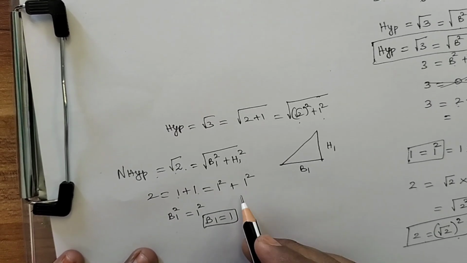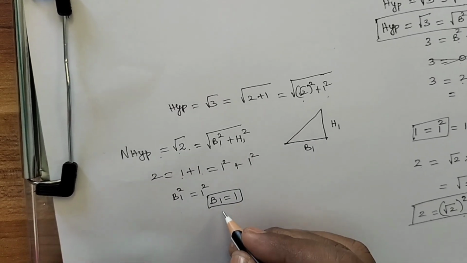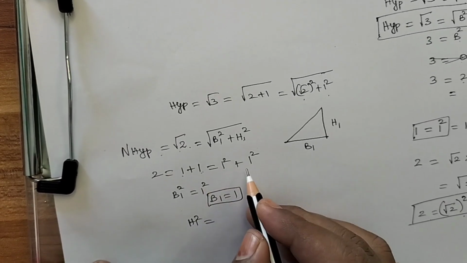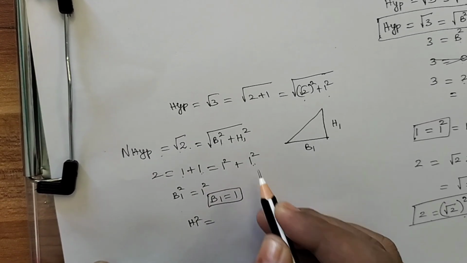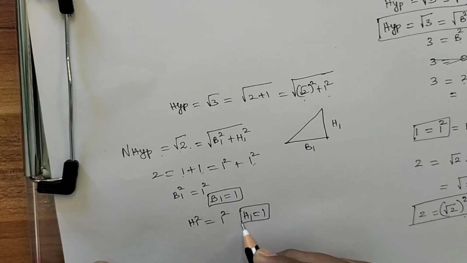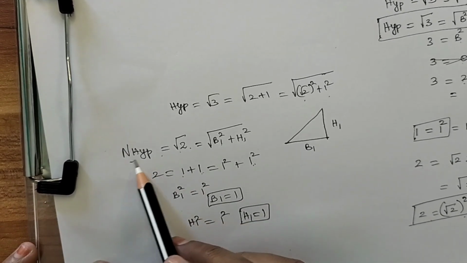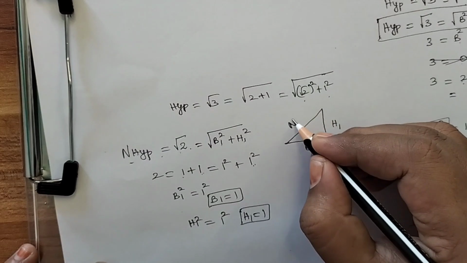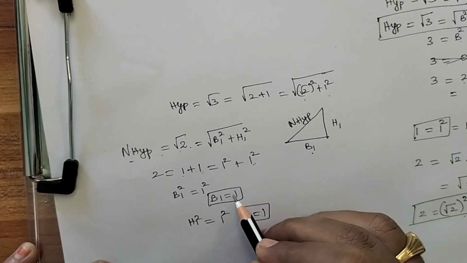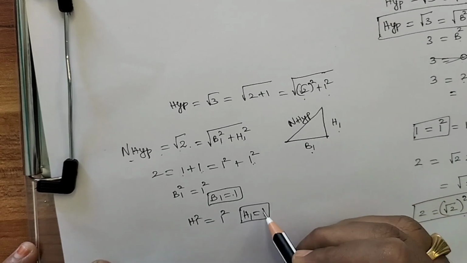This I know. Similarly, h1 square is equal to 1 square, and then h1 is equal to 1. So for the new hypotenuse, base b1 is 1, height h1 is 1.